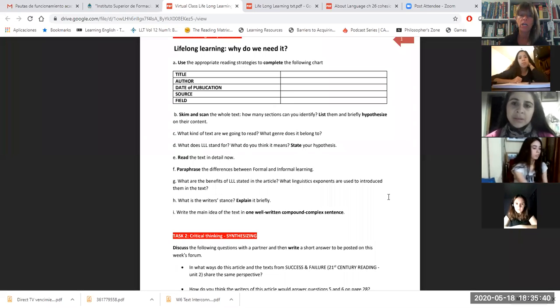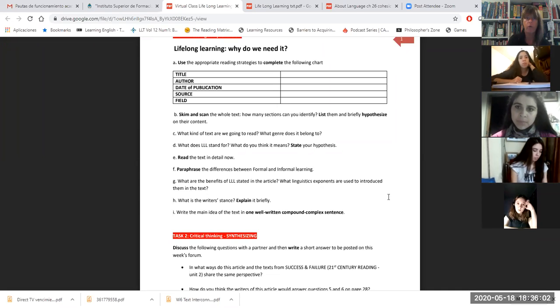So, as regards that, the question is, what are the benefits of lifelong learning? We know that there are benefits because the authors wrote them: the benefits are first, second, third. So what linguistic exponents are used?